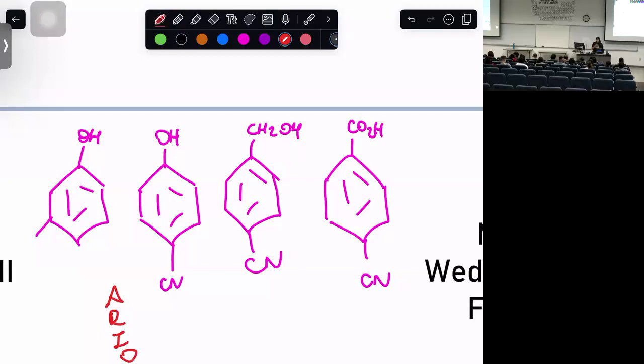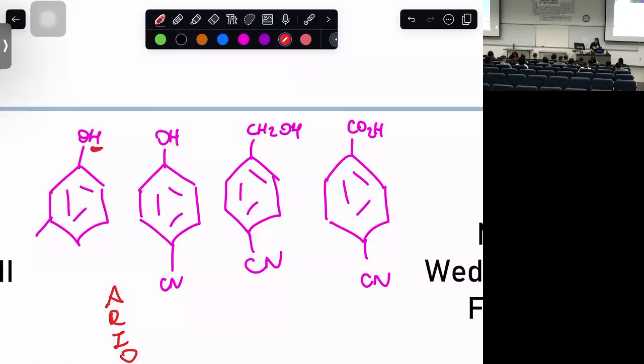Okay, now for ARIO, let's go letter by letter. First one is atom. Do they all have the same atom? Remember that for atom, we're only looking at the most acidic hydrogen and what's nearby it.